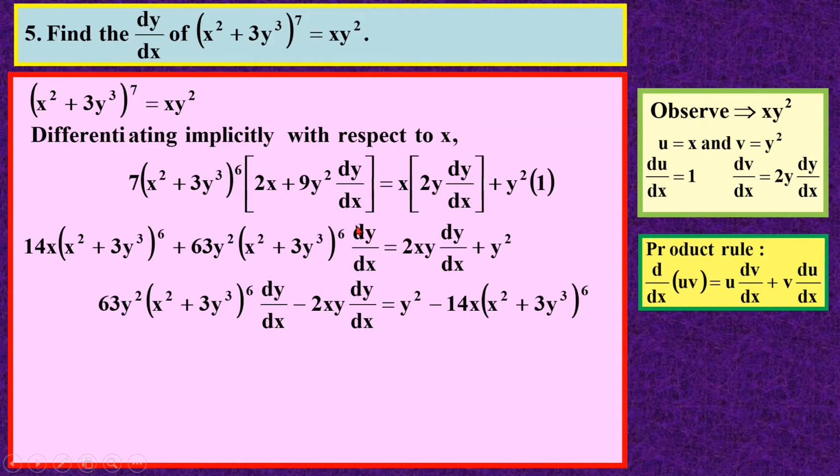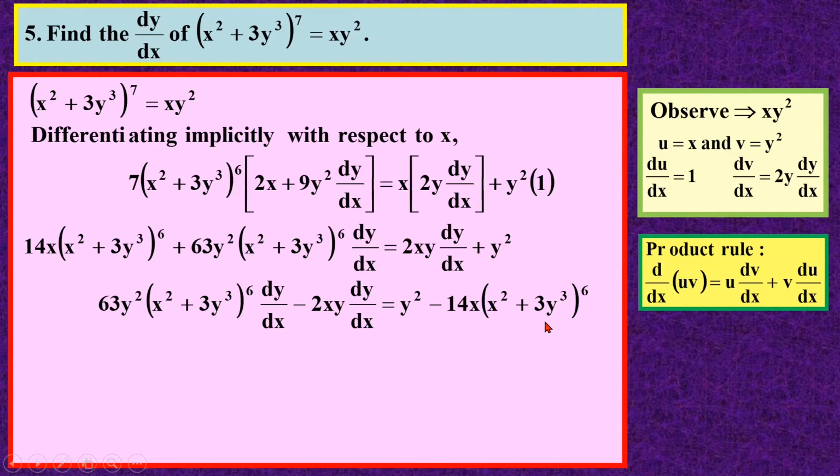So, all this here, 63y squared, and all this I will copy it down, plus my 2x times y dy/dx. From positive, I will bring it so it will become minus 2xy dy/dx. Equals to, I have my y squared here, and then in front there I have the terms without any dy/dx. I will bring all of them and copy it down here.